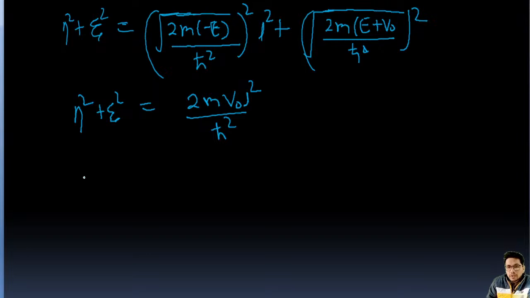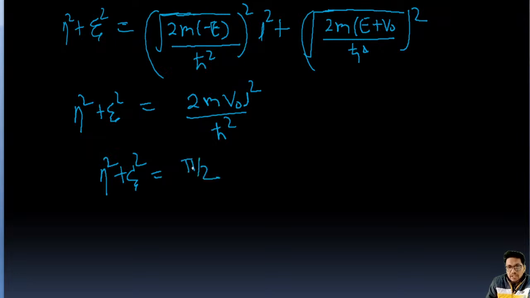Also, in the question it is given that there is at least one bound state. For one bound state, we know the value of eta square plus zeta square is going to be pi by 2.